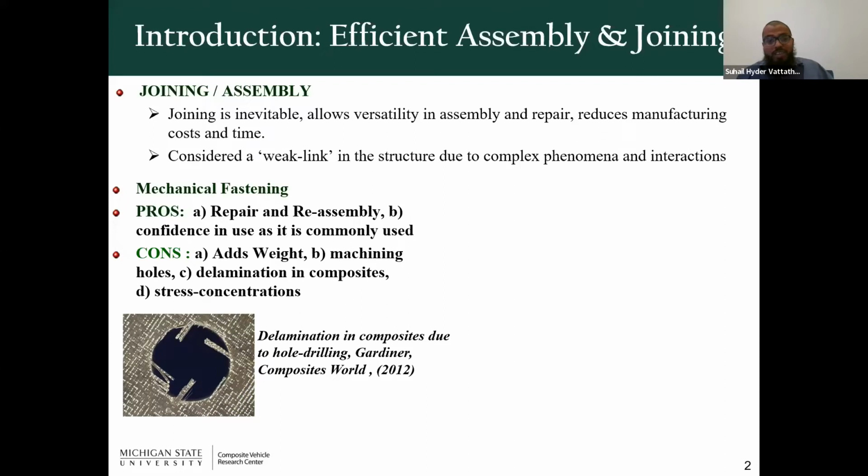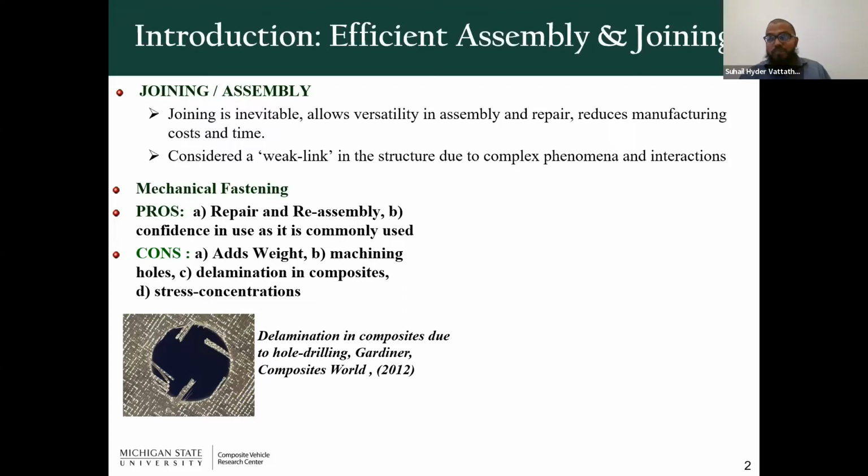Nevertheless, because if you want to do mechanical fastening with bolts or rivets or fasteners, you need to drill holes in the plates, they say that just at Boeing alone, nearly 1 million holes are drilled in one single day. So this is labor intensive. It is expensive, and with the advent of composite materials, it drastically reduces the strength of the structure.